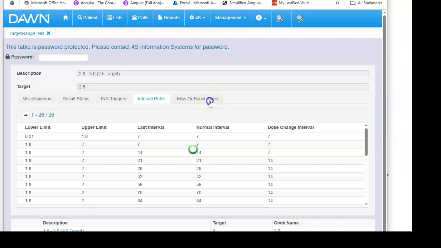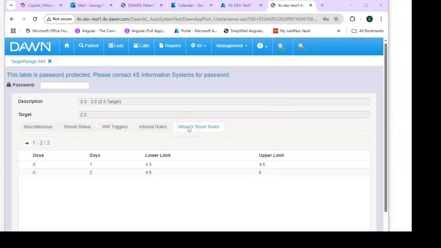We'll look next at the miss and boost rules. If an INR has gone high, Dawn does allow you to specify that the patient should take no warfarin for 1 day or 2 days and then resume on the weekly pattern.